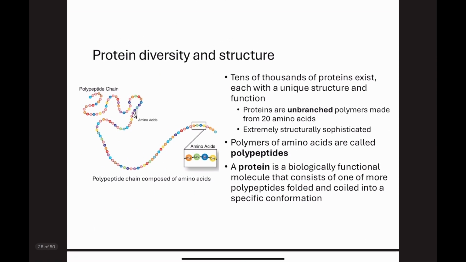Proteins are really diverse in their structure. Us humans, we have tens of thousands of proteins that are all different, and each of them has a unique structure and function. Proteins are extremely structurally complex, extremely sophisticated, and every single type of protein is going to have a three-dimensional shape.